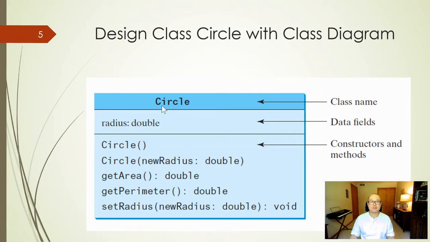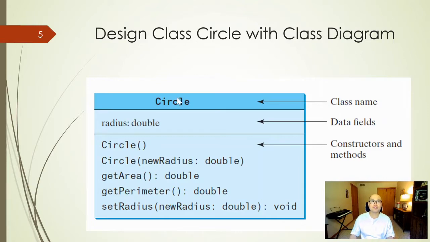For any class in a class diagram, you use a rectangle or a box and divide it into three parts. On the top, you specify the name of the class. In the middle portion, you specify the data fields, and at the bottom, you specify the constructors and methods.